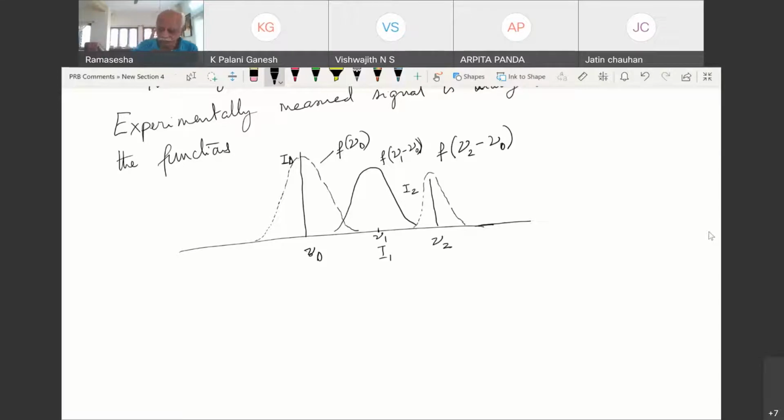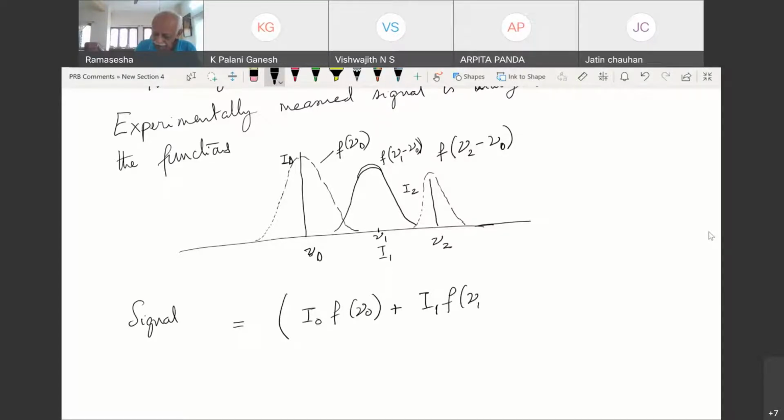Okay, I suppose this is clear. So what happens? The signal that comes over is I0 f of nu0 plus I1, since it's only finite, let me write it separately. I1 f of nu1 minus nu0 plus I2 f of nu2 minus nu0.